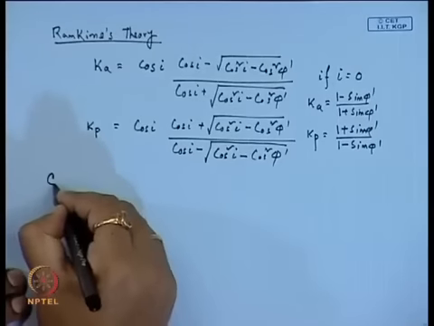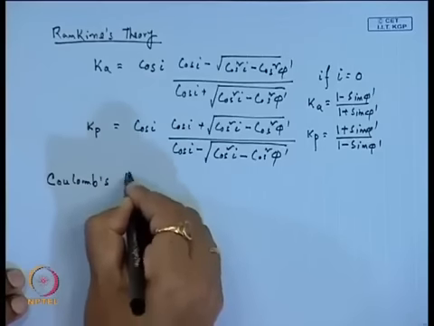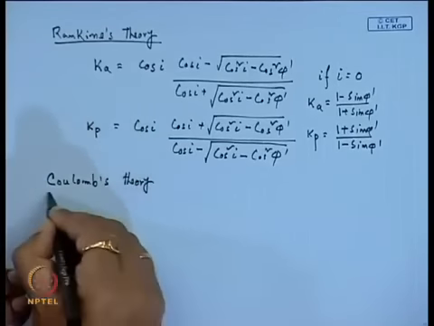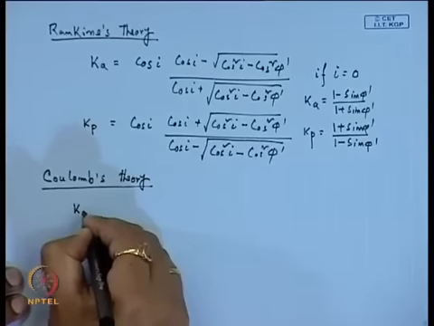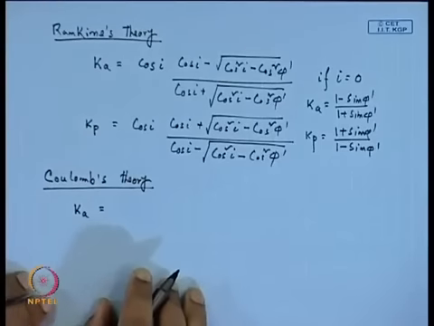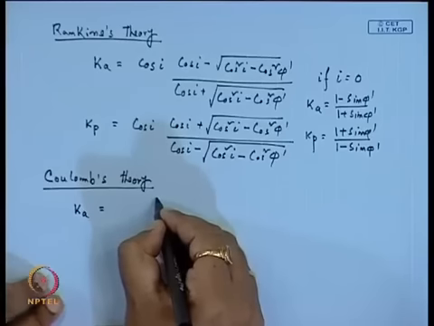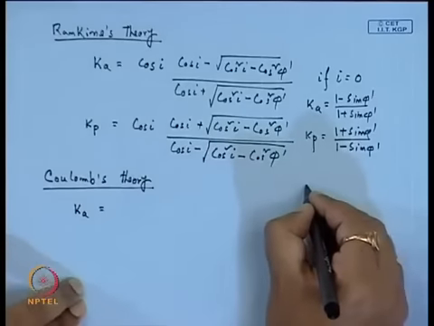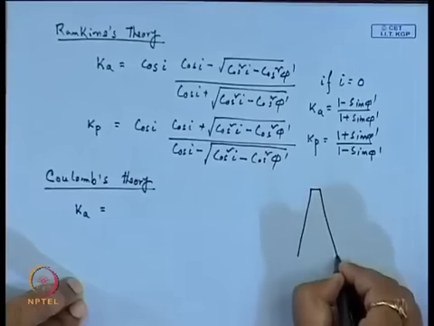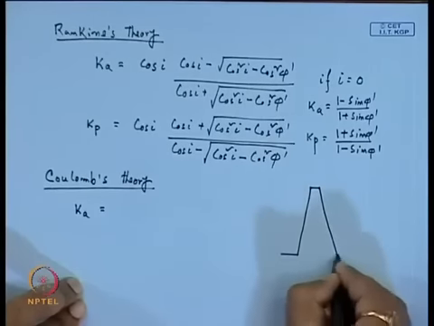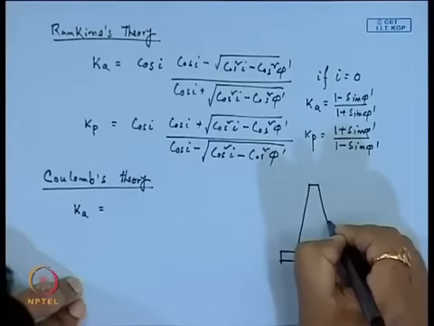Now, if I use Coulomb's theory, then K A is obtained as follows. Suppose this is our retaining wall, and this force is acting here.